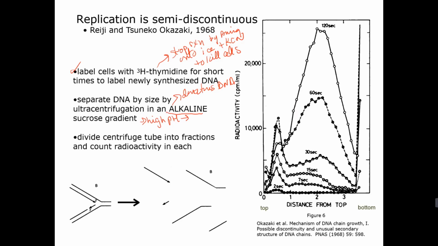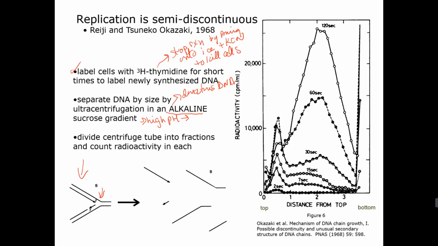And the reason that this becomes important is actually illustrated down here. If you don't separate the DNA strands, you have your DNA that's being made at this replication fork, right?